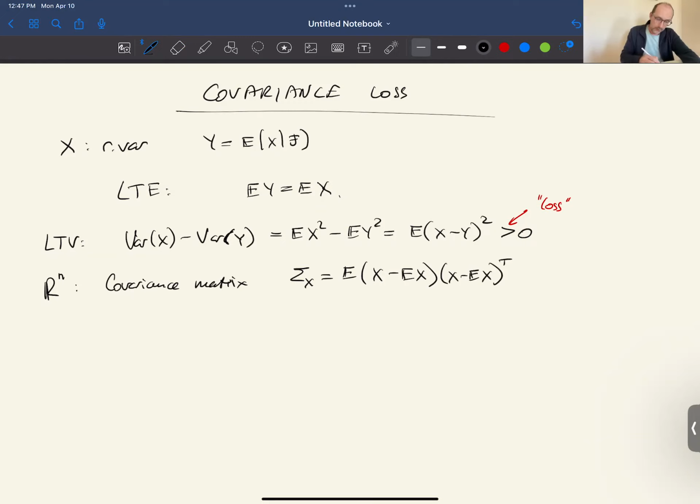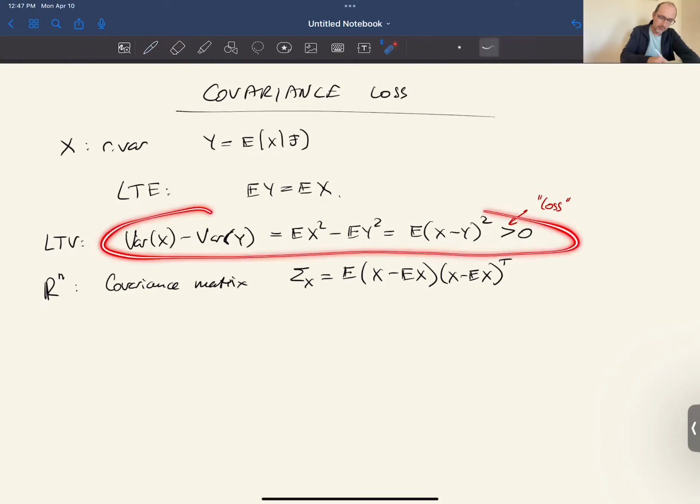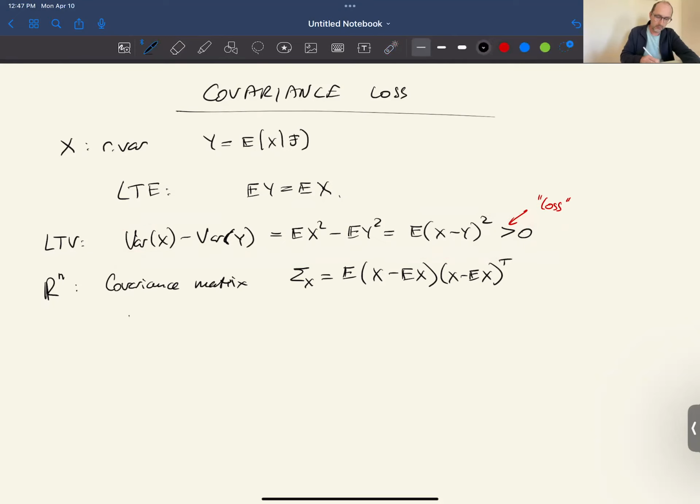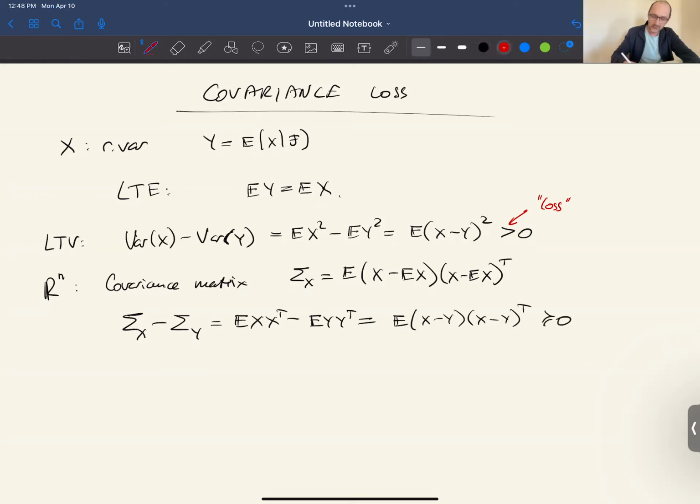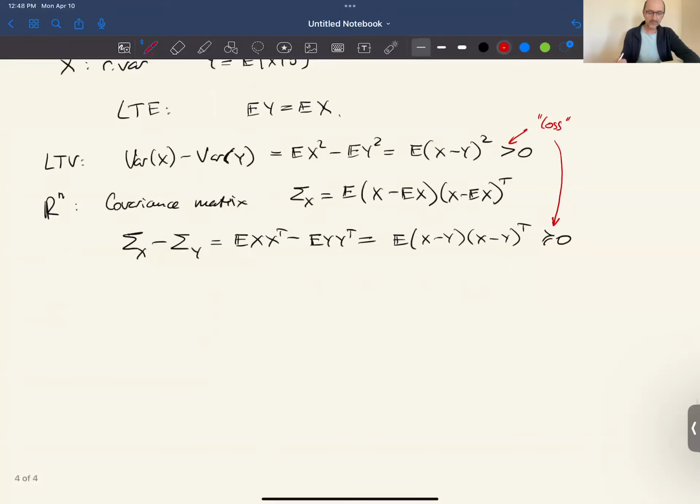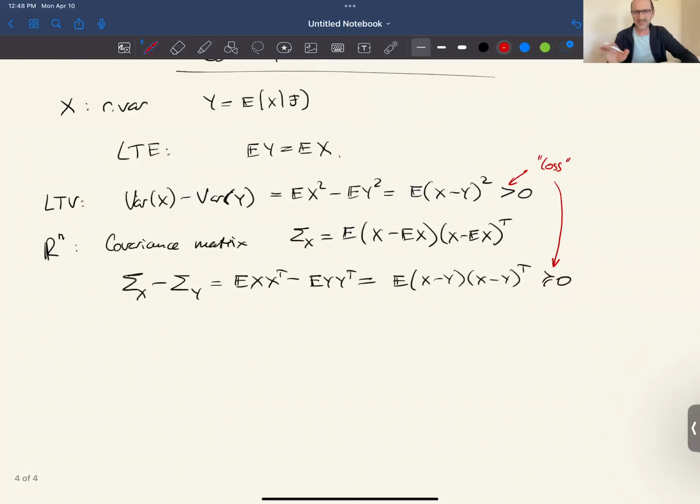And for the covariance, the analog becomes Sigma_X minus Sigma_Y, which is the expected value of (X minus Y) squared in the matrix sense. And this is obviously a positive semi-definite matrix. So again, there is a loss here in the positive semi-definite sense. Okay, so this is just linear. It's very simple to check.